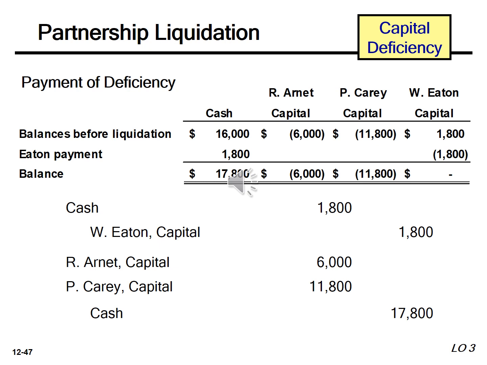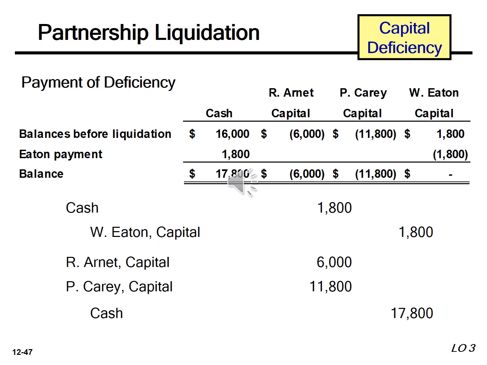Here we see how the payment of the deficiency is going to be settled. If you refer back to the capital of each of the partners, you will notice that Arnett and Carey both have a higher capital than the amount that needs to be settled. So for that, we just distribute the balance before liquidation based on their standing capitals.